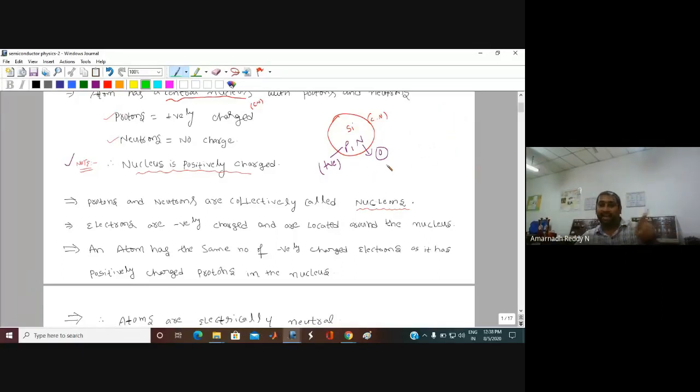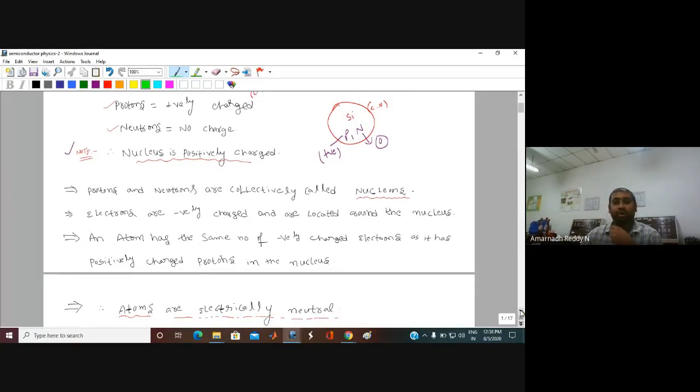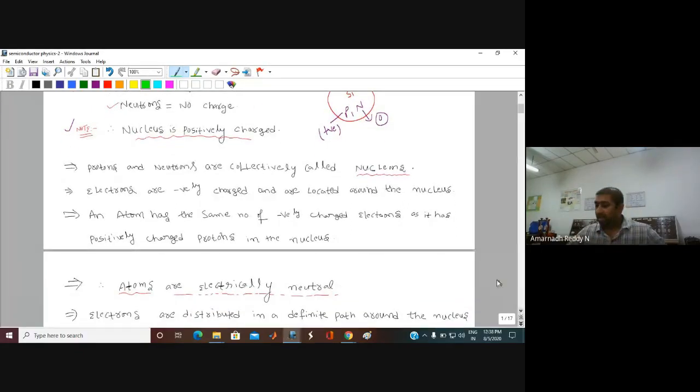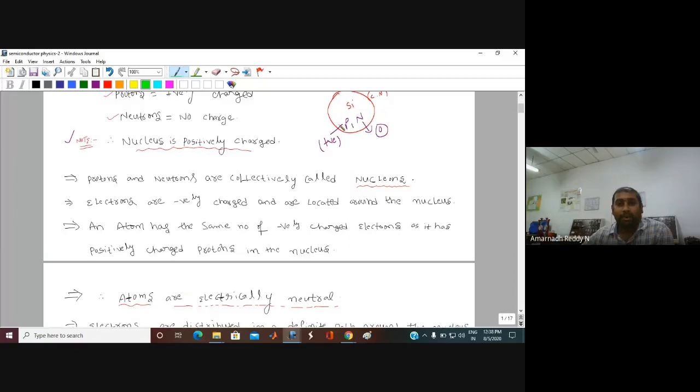So the electron is always negative. You remember why? Because it is maintaining distance from the nucleus.